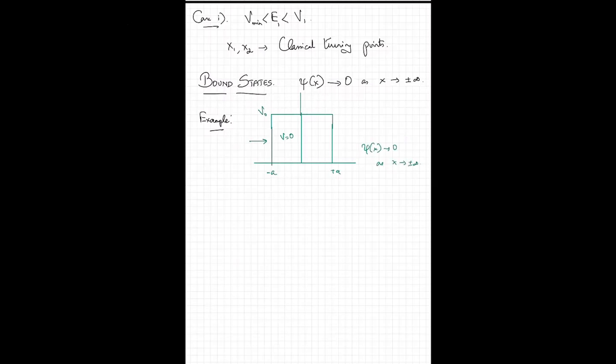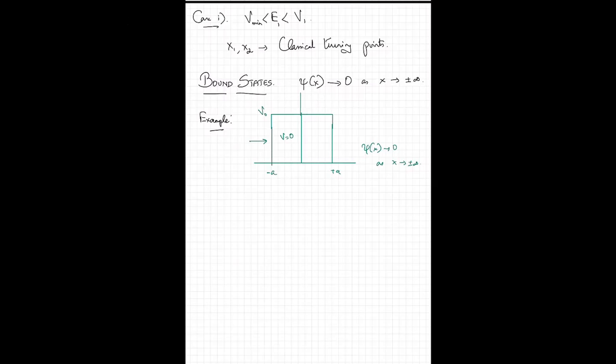Of course, psi of x will not be 0 at x is equal to, let's say, plus a plus 0.2 or something like that. There I would have a non-zero wave function because of tunneling amplitude, which we will talk about later. But as I go sufficiently far away in x, then for bound state systems, I would have the wave function going down to 0.